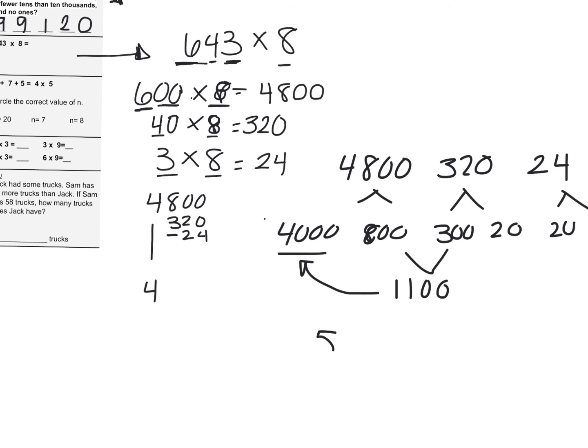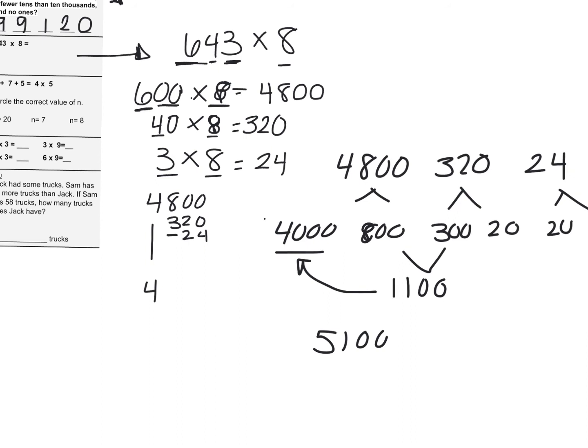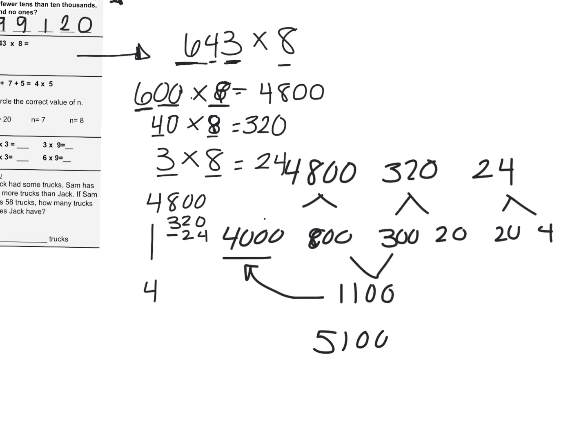So I have 5,100, and now I can start to add together these other numbers. I have 20, 20, and 4. So that would be 44. So now I can say I have 5,144 is what my answer is. I don't need that little equal sign there. That made no sense. There you go.